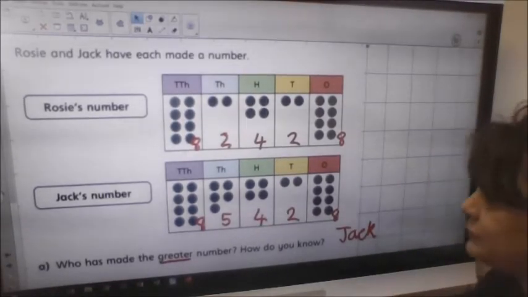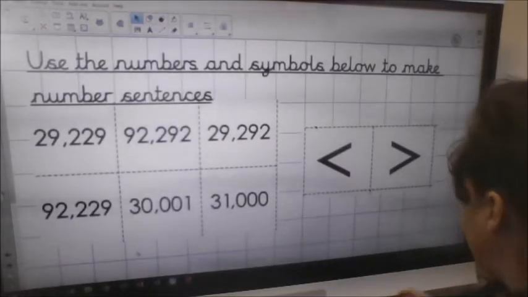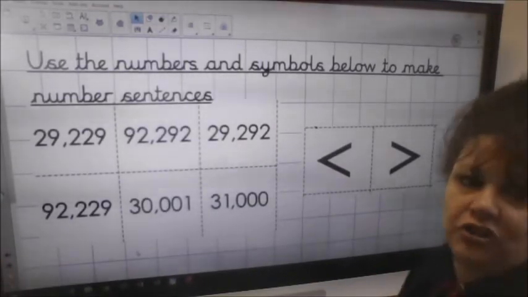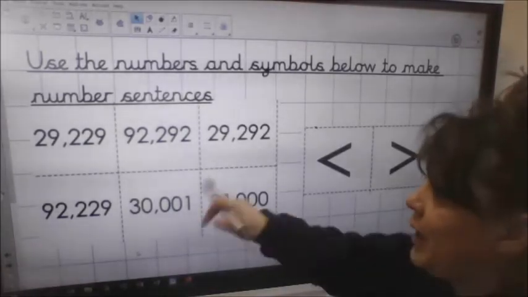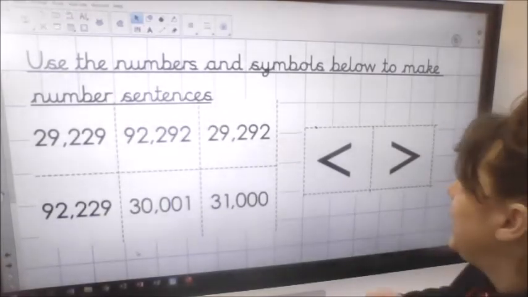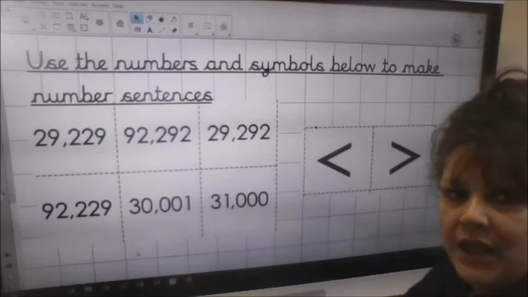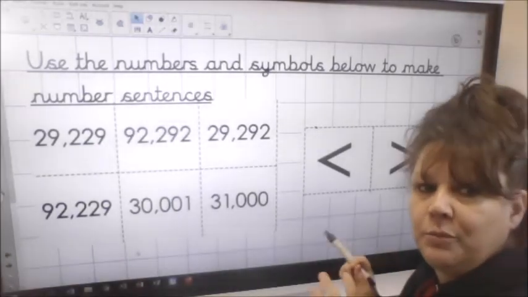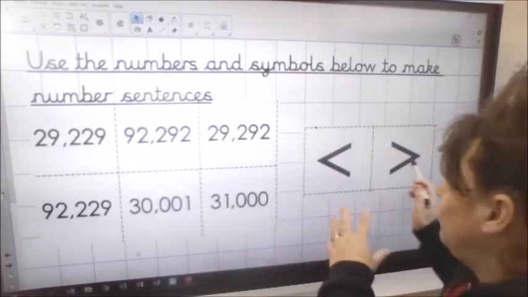Okay. So we're going to put that to a little bit of an activity on the board. So you have got 6 numbers there, and what you're going to do is use the greater than and the less than symbol, and create me some number sentences so that they make sense using those symbols.